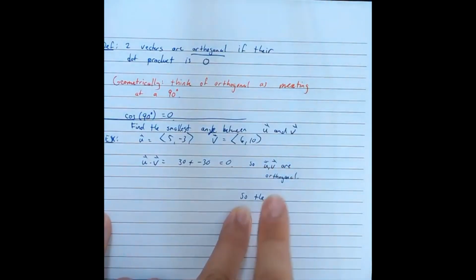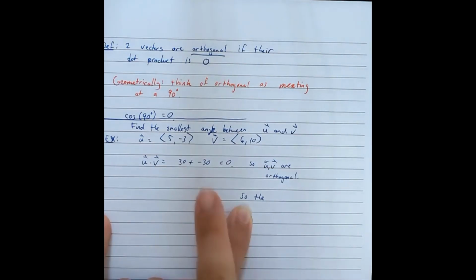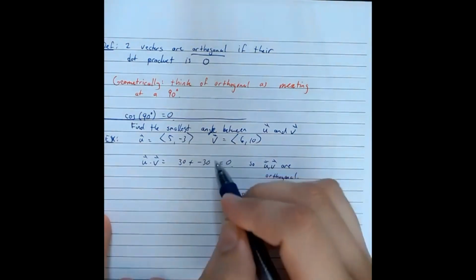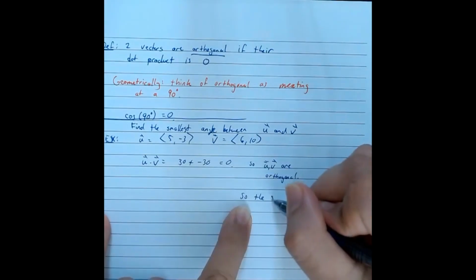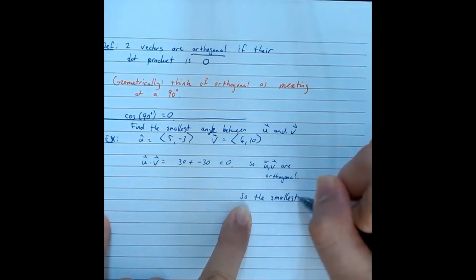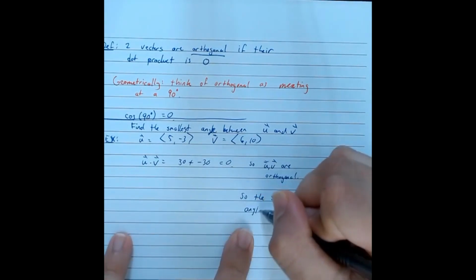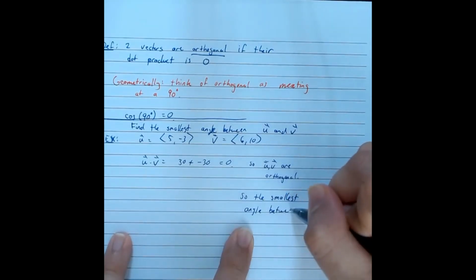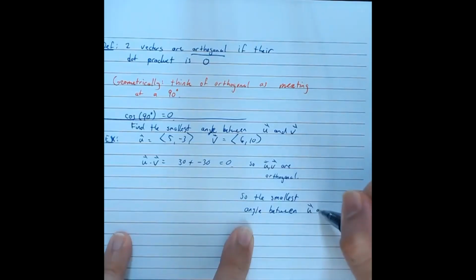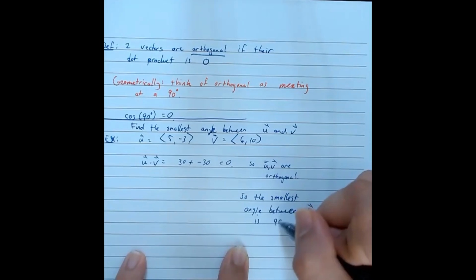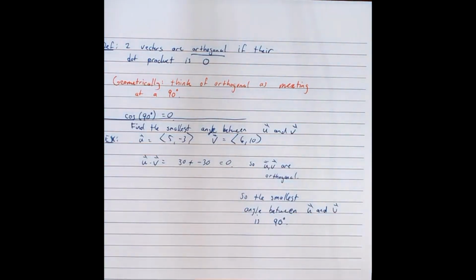If you didn't remember this and you proceeded and went through the whole formula, you would eventually find the answer of 90 degrees. But this is simpler. Once you get 0, you're done. Once you get 0, they're orthogonal. So the smallest angle between u and v is 90 degrees. And that's it.